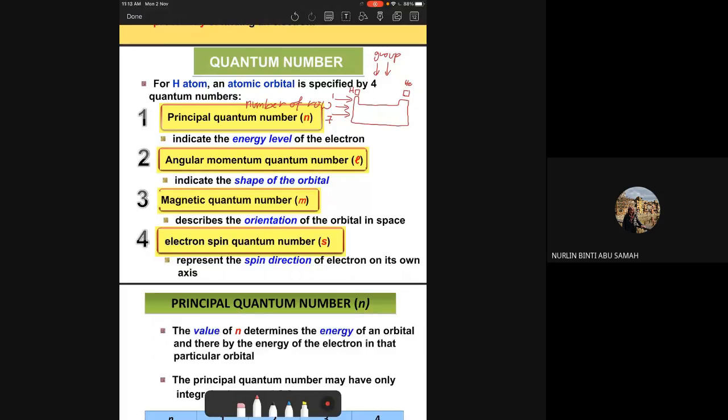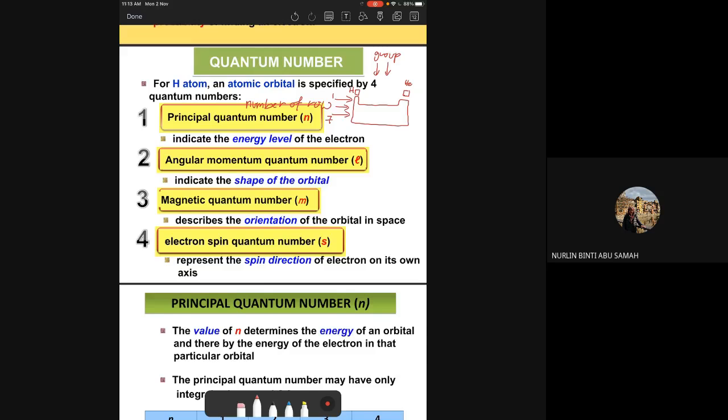Okay? So next is the L. Okay, L, angular momentum quantum number, indicates the shape of the orbital. So basically when you try to understand this L, okay, kalau kamu refer kepada modul, dia tulis L lah kan? Kalau tak salah saya, yang tu nanti nombor 3 nanti. Okay, angular momentum quantum number ni kita ada relationship tu nanti saya tunjuk.